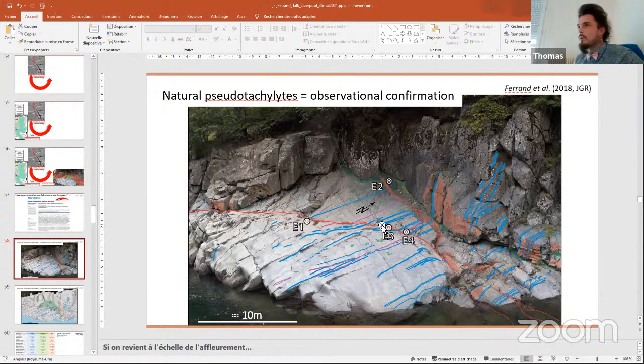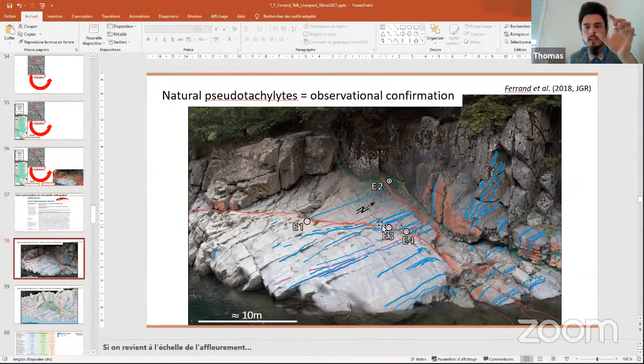So, yes. When we measure in the field, we measure the final thickness of the pseudotachylyte, and this is usually, for example, twice thinner than the actual dynamic thickness of the molten layer we estimate for the lithologies I studied.